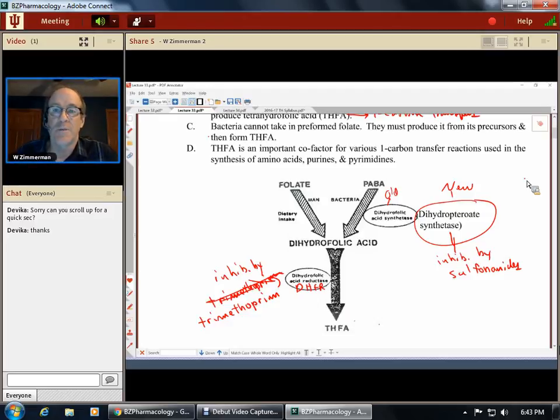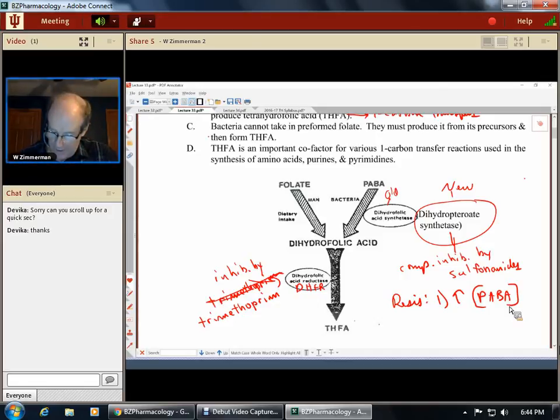The ways that we see resistance is sometimes the bacteria increase the amount of PABA, and this is a competitive inhibition, like the first synthetase enzyme there. So we can see resistance, 1, by increasing the PABA concentration. Bacteria just keep making more PABA, the paraaminobenzoic acid.